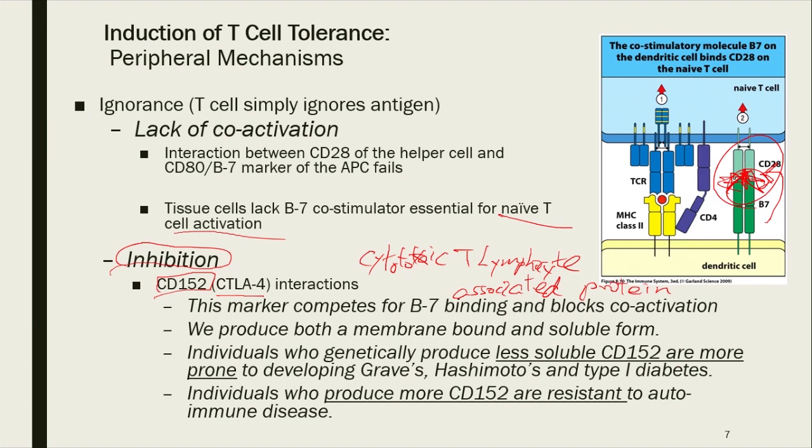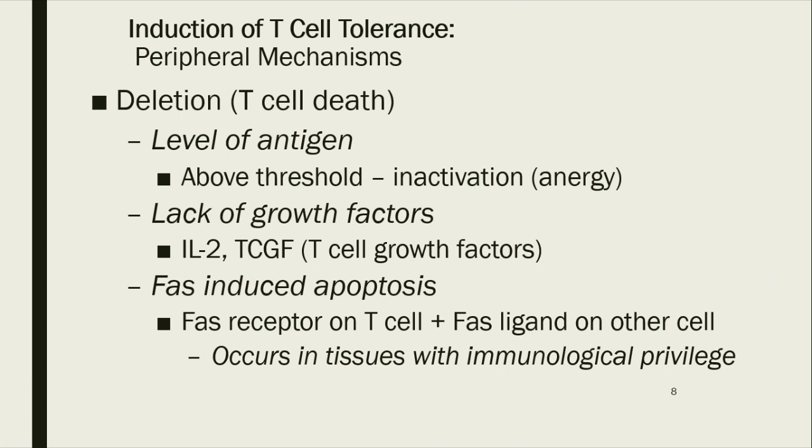We have observed that individuals who genetically produce less CD152 are more prone to develop certain types of autoimmune diseases, such as type 1 diabetes, and individuals who can produce more CD152 are more resistant to autoimmune diseases in general.